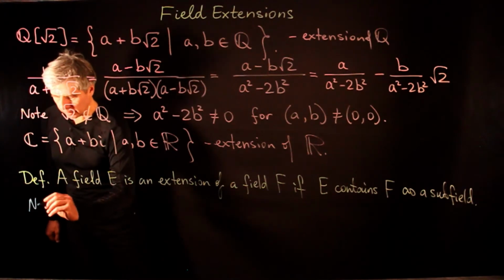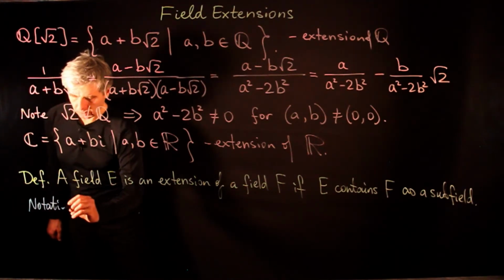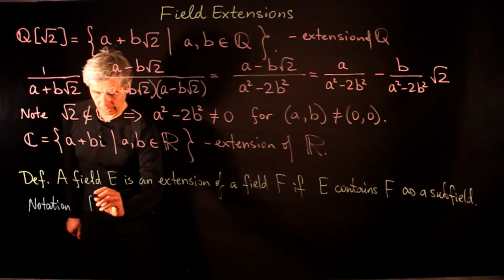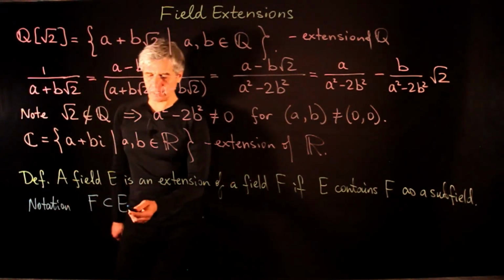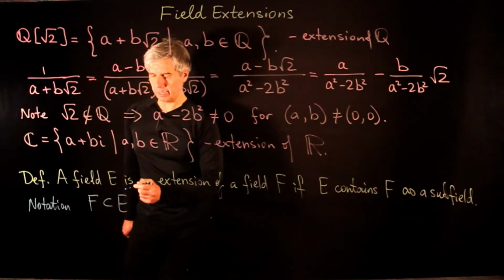And the notation that we're going to use in this context: if we write that F is inside E, then here we mean that E is a field extension of F.